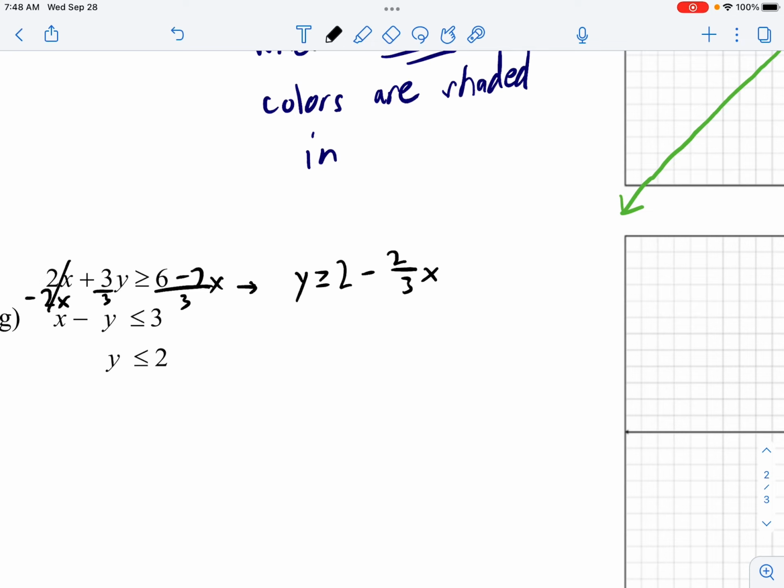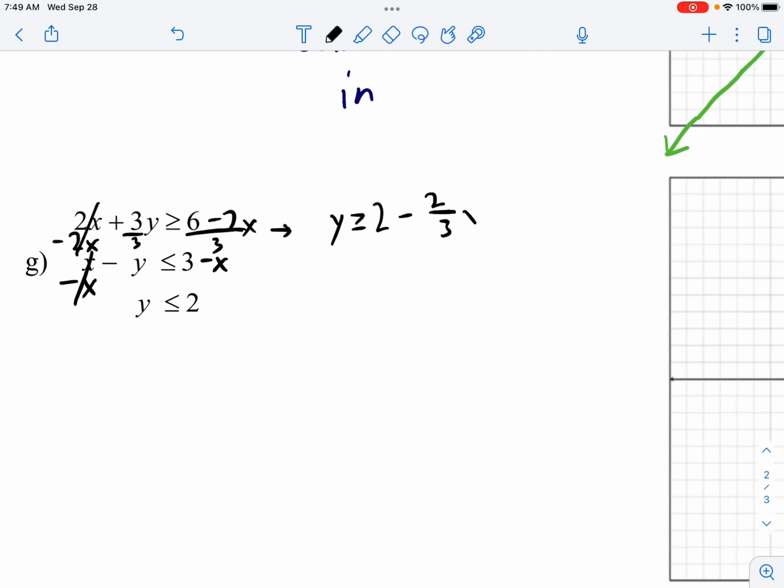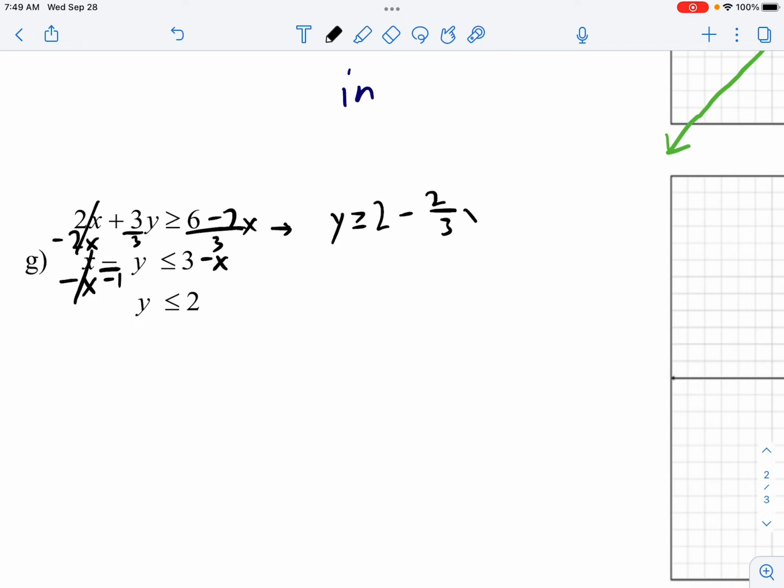Over here, minus x. Okay. We're going to divide by -1. Guys, remember, when we divide by negatives, when we're solving inequalities, we got to flip, right? Dividing by a negative here means I got to flip this inequality symbol. So we're going to have y is greater than or equal to -3 plus x.